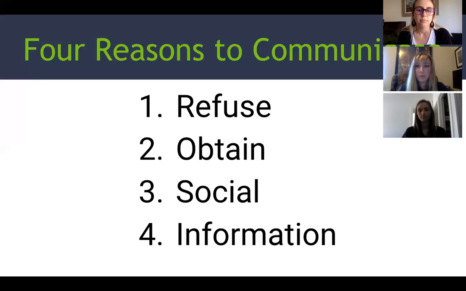Yeah, and jumping off of that, the best way to support functional communication is to figure out what your child is interested in and really likes. If a child is really motivated by socially interacting, then that's what we want to focus on and surround their communication around. If your child's very motivated by obtaining access to a specific video or a specific toy, that's what we want to focus on.